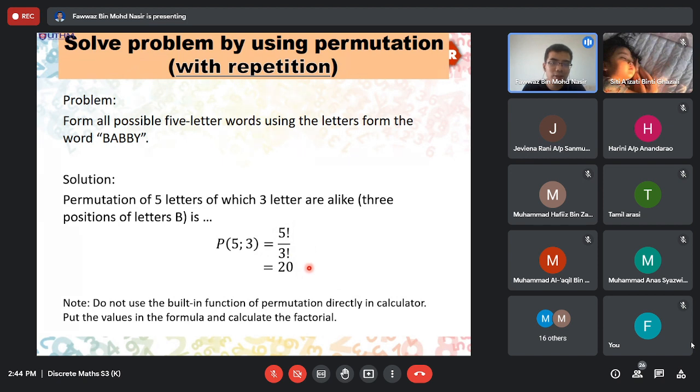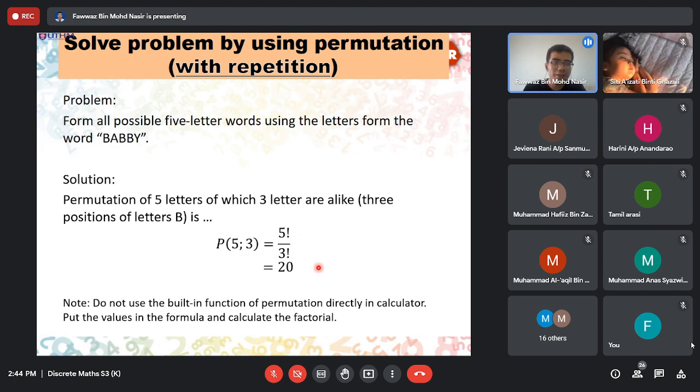Okay, so korang kena berhati-hati. Dalam case ni kalau korang terus guna 5P3, korang masukkan nilai 5 3 dalam kalkulator korang, korang akan dapat the wrong answer. So you must use the formula first. Dapat dia dalam bentuk factorial dulu, then you can use your calculator to calculate nilai factorial berkenaan. Okay?